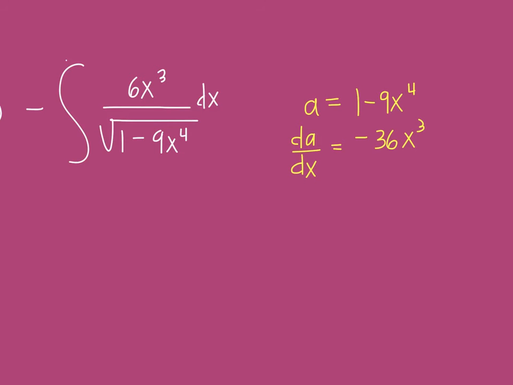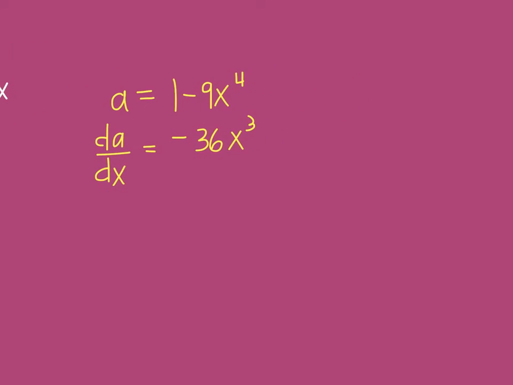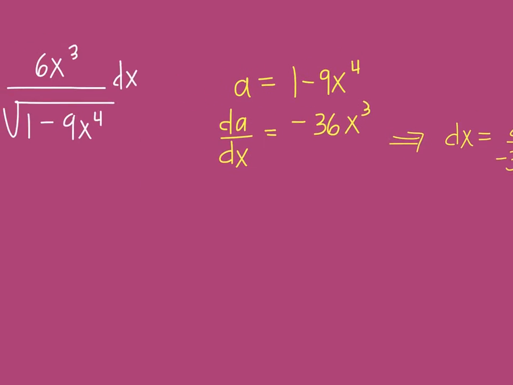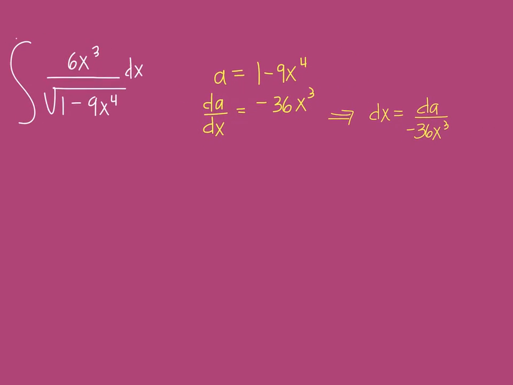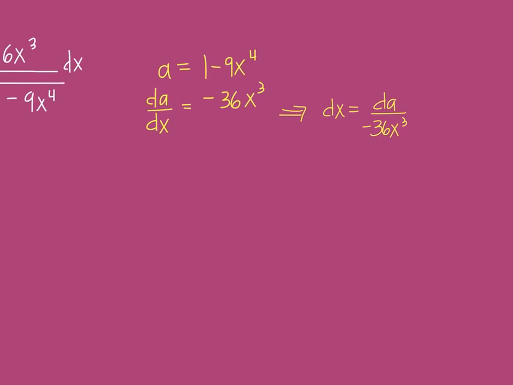And so then I rearrange my terms. So that leads me to have dx being dA over negative 36x cubed.